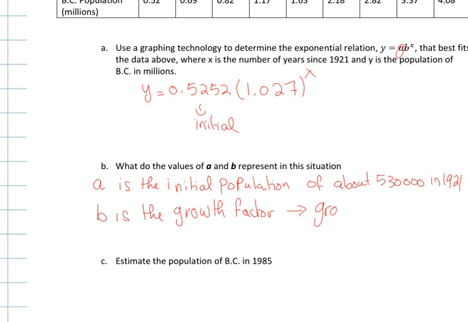Minus 1. Minus 1, that's right. So the growth rate is 1.027 minus 1, which is equal to 0.027, which is 2.7%. So that means the population is growing at a 2.7% rate per year.